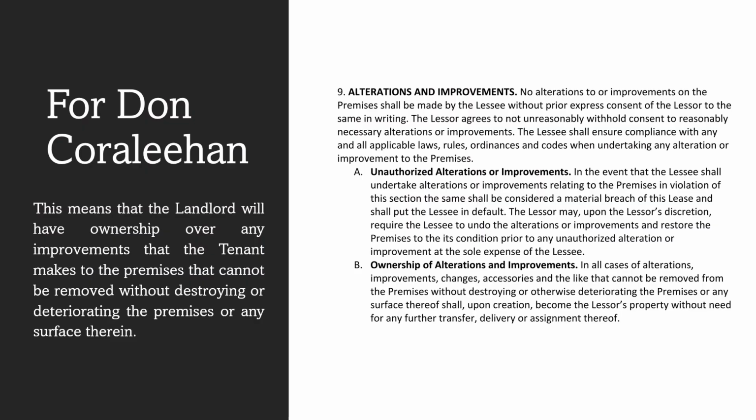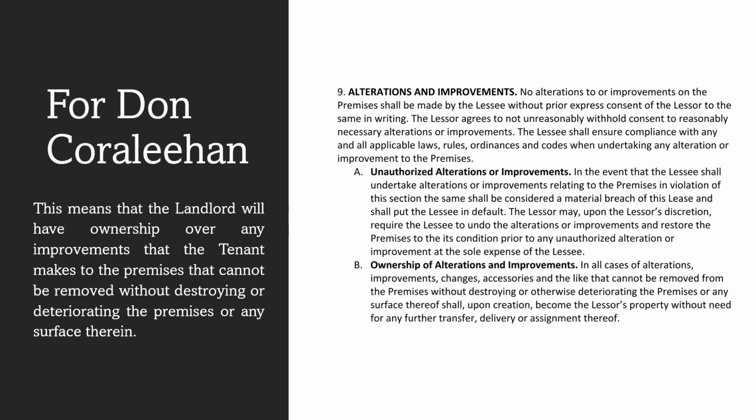In the alteration and improvements provision I chose for this client, it is provided that in all cases of alterations, improvements, changes, accessories and the like that cannot be removed from the premises without destroying or otherwise deteriorating the premises or any surface thereof, shall upon creation become the lessor's property without need for any further transfer, delivery or assignment thereof.